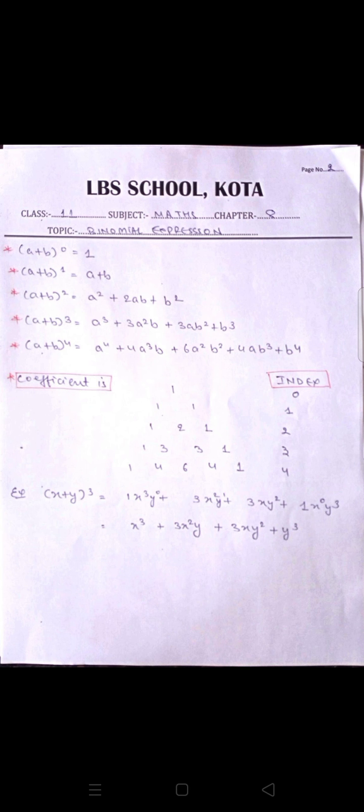Fourth, the coefficients are 1, 3, 3, 1. And the fifth, the coefficients are 1, 4, 6, 4, 1. And if we compare the index, the powers to which the expression is raised, the index is 0, 1, 2, 3 and 4.